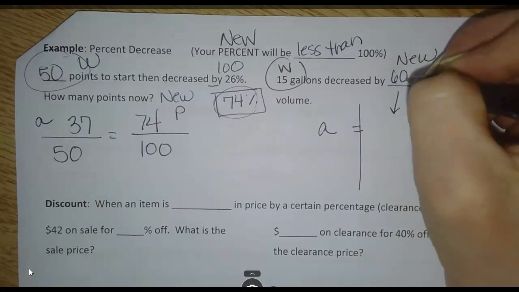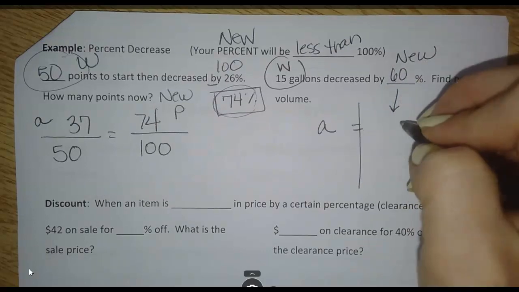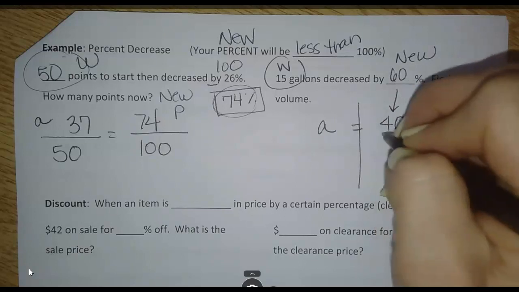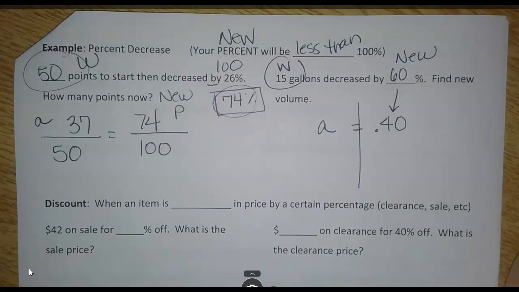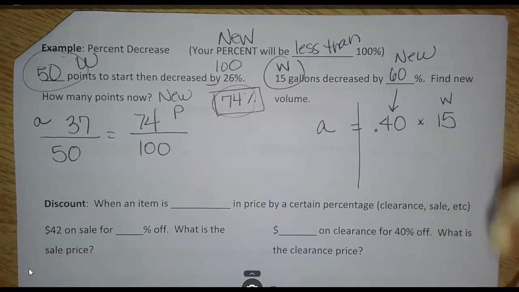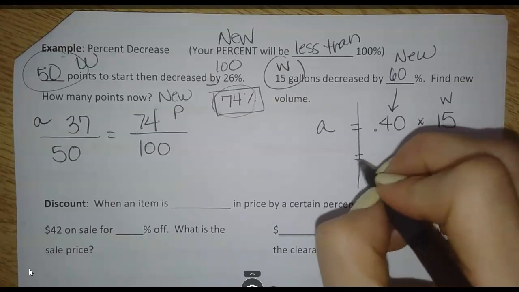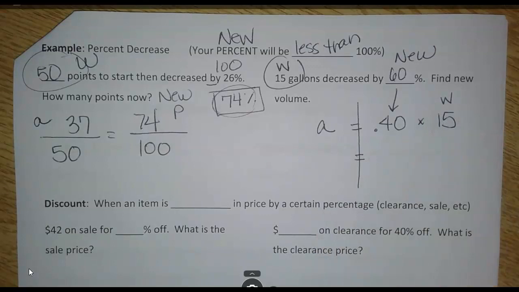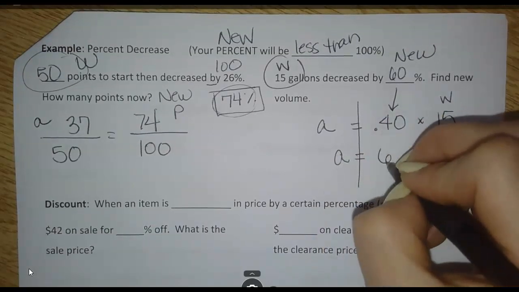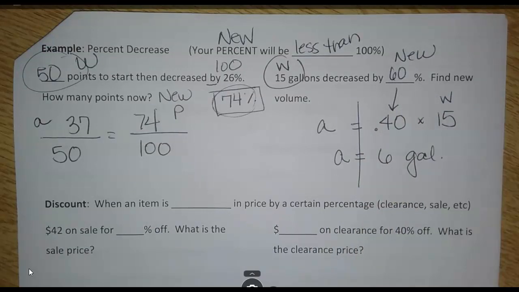Well, if it went down by 60%, what's left? Or if I use 60% of my gas, I have 40% of my gas left. Okay, times the original 15 gallons or times the W. And if I just type that in, I get that the new volume, when I calculate that, is 6 gallons.